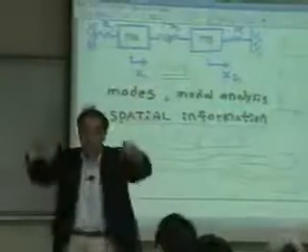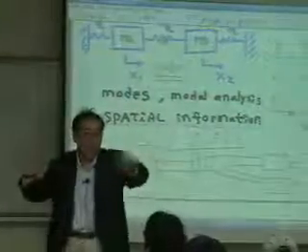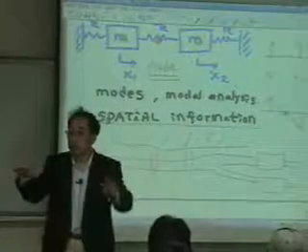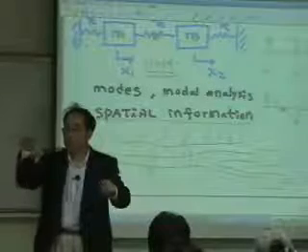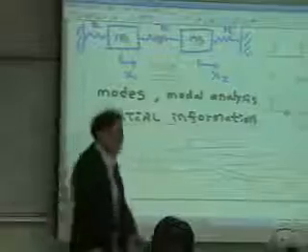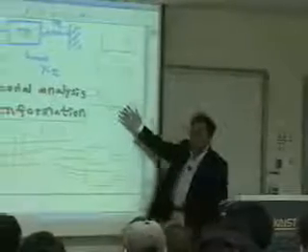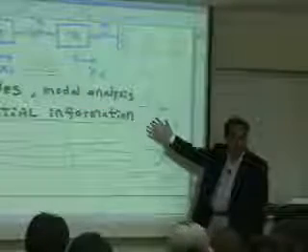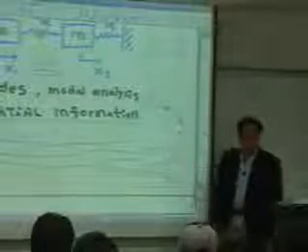But a 2 degree of freedom system oscillates like this, or in combination. There is spatial information, meaning the relation between this mass's motion and this mass's motion. Therefore, modal analysis is very important, and we use this example to understand how to really do the modal analysis. And I appreciate Mr. Park's preparation.